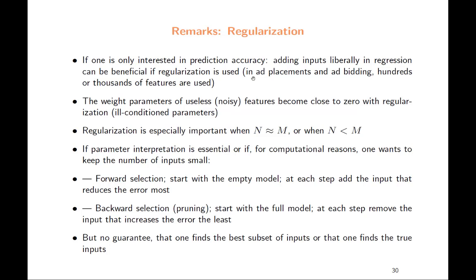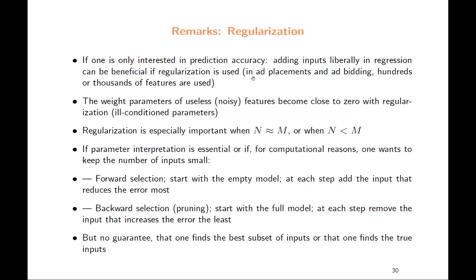So if you're only interested in prediction accuracy, not in the interpretation of the model, you can add more inputs than you might need, because if you apply regularization, it sort of takes care of the inputs which are irrelevant. Of course, you can always do too much, but you don't have to be extremely careful.